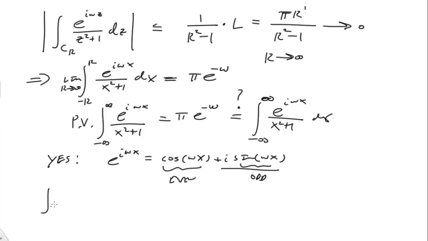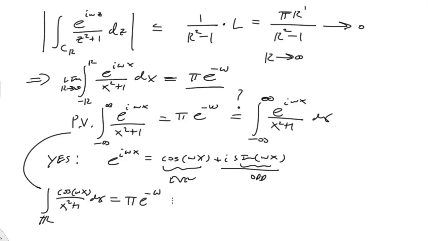Now if I break this principal value integral into two pieces, I get one piece over the reals, which I can write as an abbreviation, cosine omega x over x squared plus 1 dx. That's the real part, and that has to be associated with the real part on this side. And in addition, of course, we have the imaginary part, sine omega x over x squared plus 1 dx.